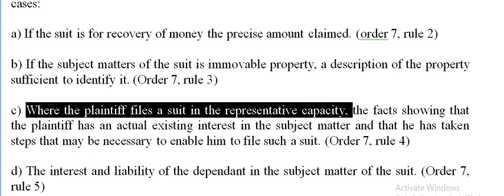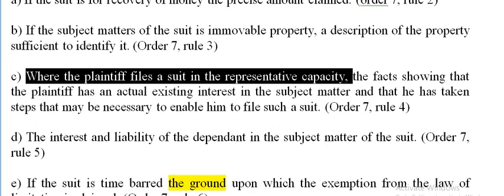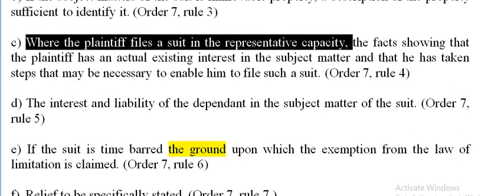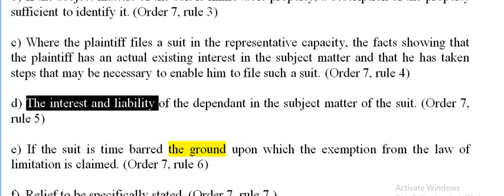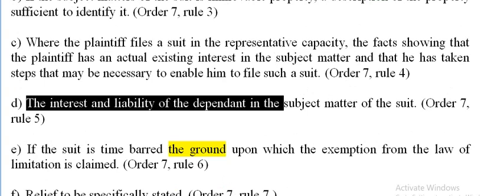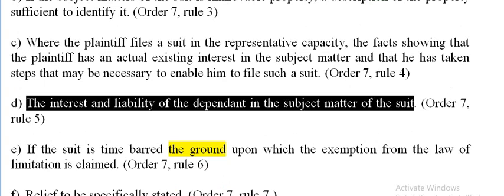So if the plaintiff is in a representative capacity, then he has to mention it in his plaint. Next, the interest and liability of the defendant in the subject matter of the suit. If the defendant has an interest in the subject matter of the suit, we have to mention it in our plaint according to Order 7 Rule 5.